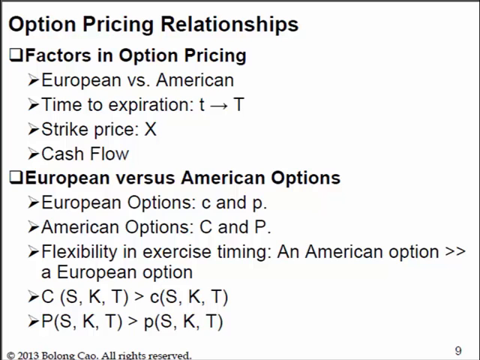Here we are talking about the same underlying, the same strike price, and the same expiration date. So an American option with the same strike price and expiration date for the same underlying will cost more than its European counterpart.